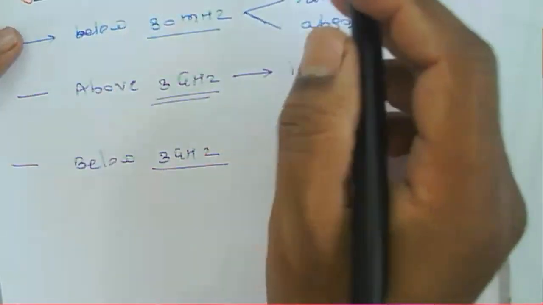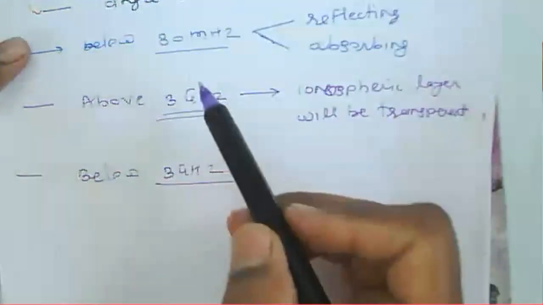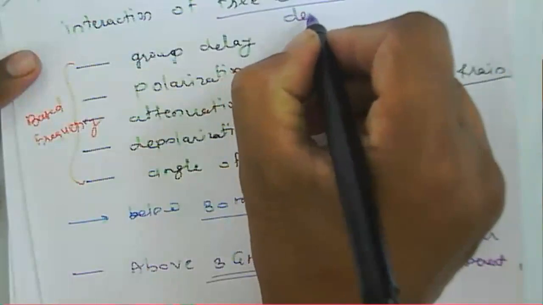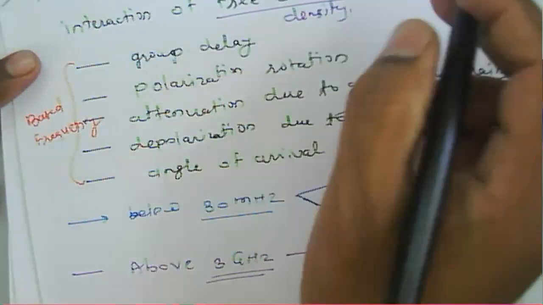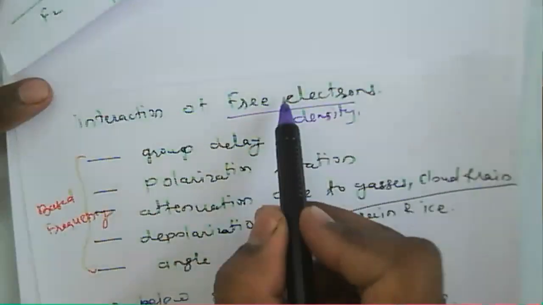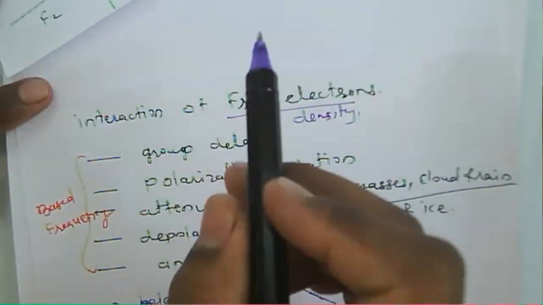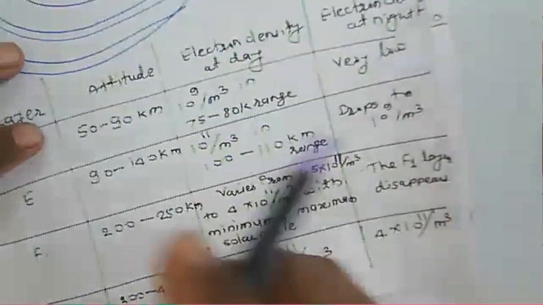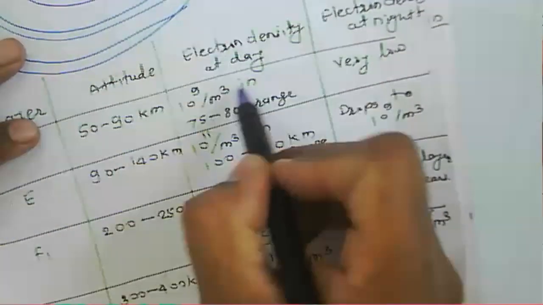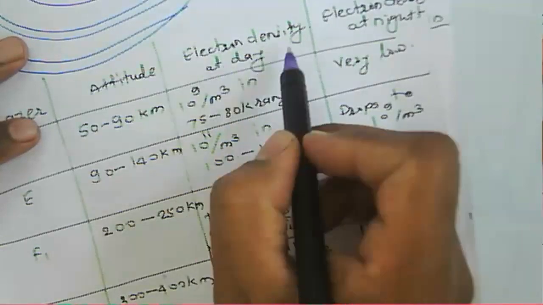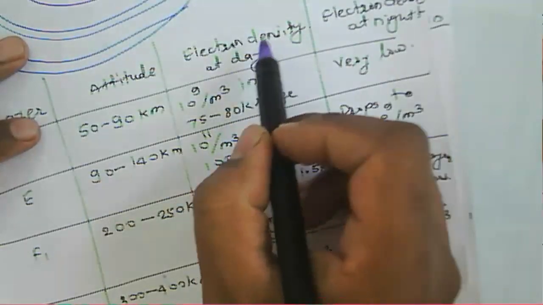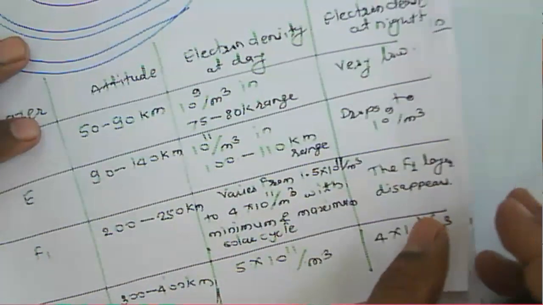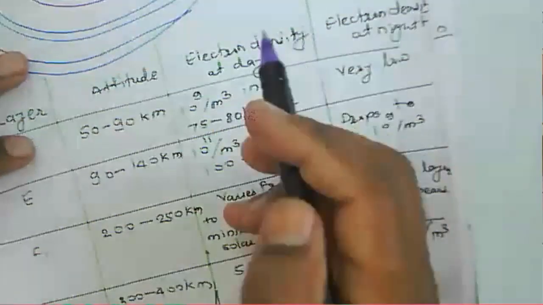So we say that the density of free electrons changes with day or night. That's why free electron density varies between day and night, because ionization occurs when we have solar radiation.